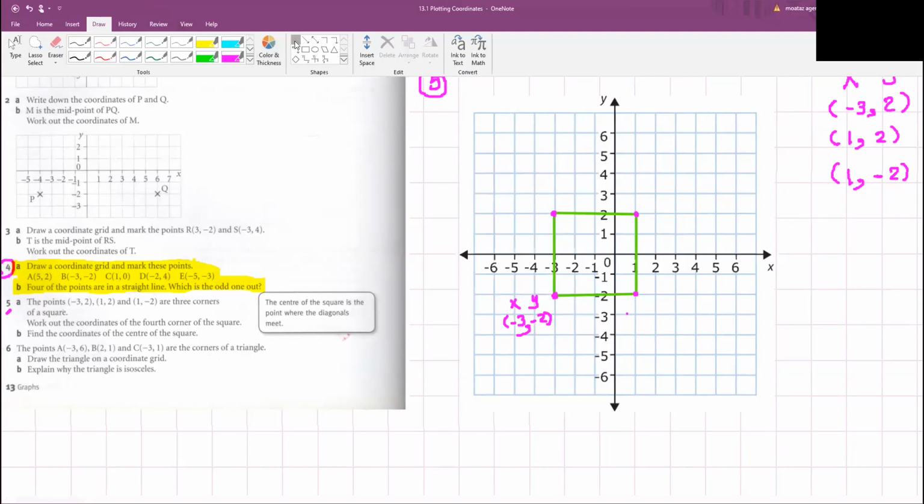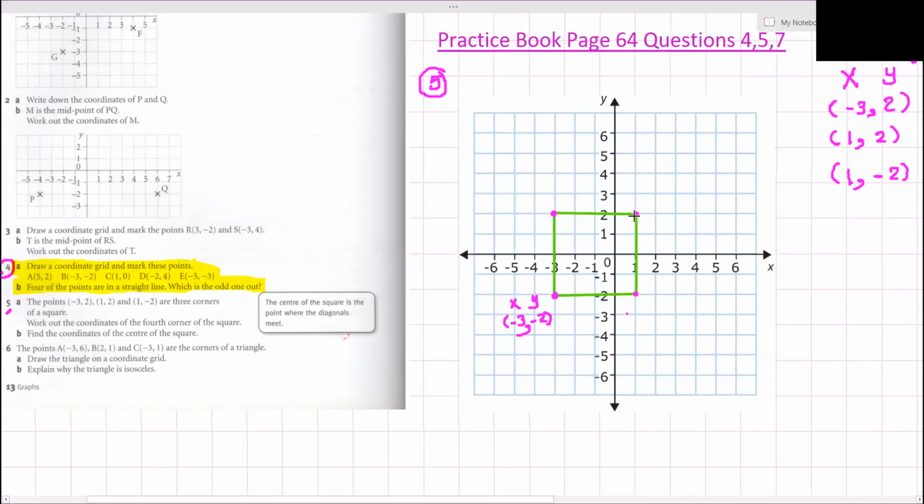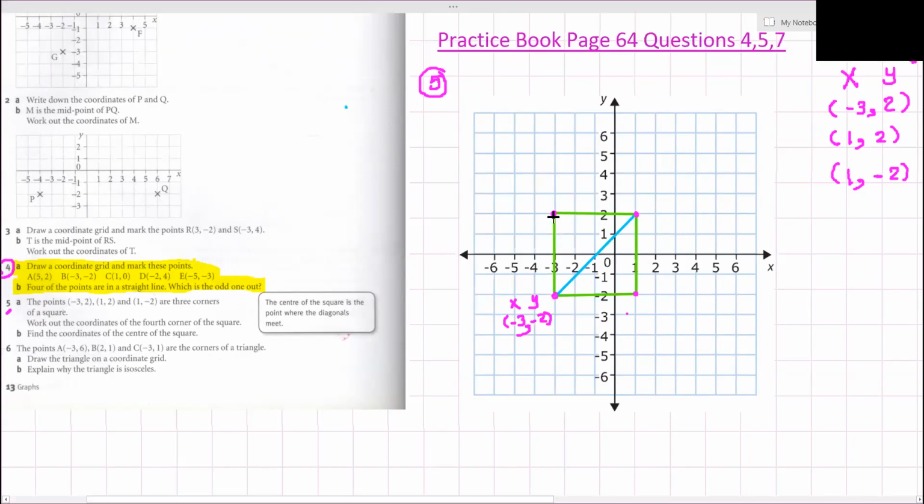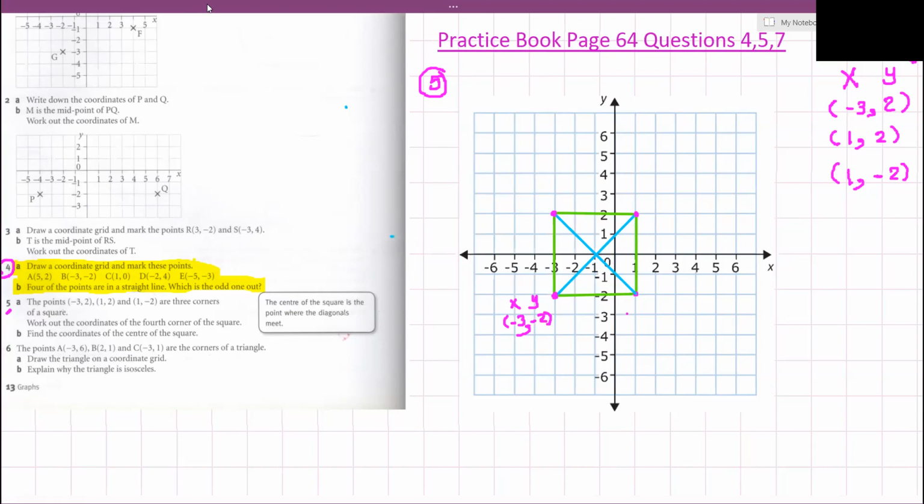How can we find it? Yes, we can find it by drawing. So this is the center of the square.